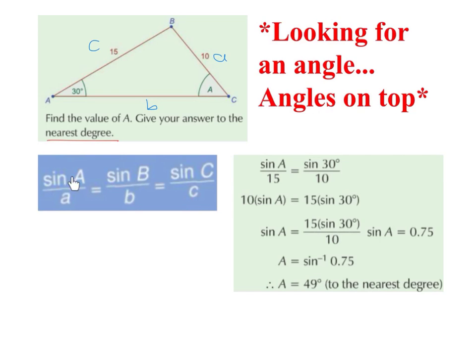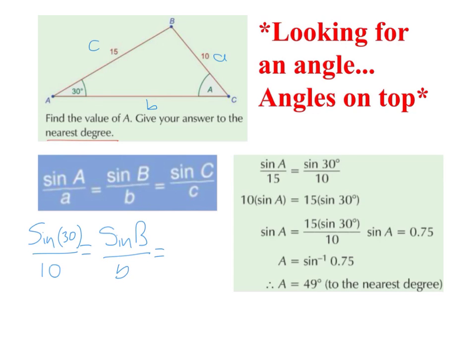Okay, so now we're going to substitute into our formula. So sine of angle A is going to become sine of 30 degrees, divided by side A, which is 10. And that's all equal to sine of angle B, which we don't know, so we'll just leave it as sine of angle B, divided by side B, which we don't know either, so we just call it b.